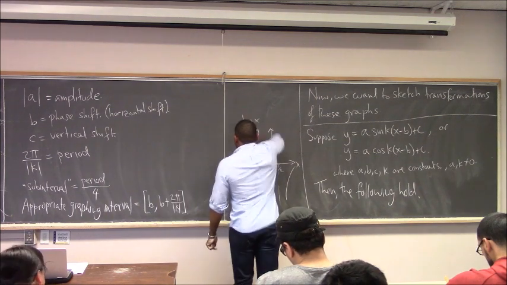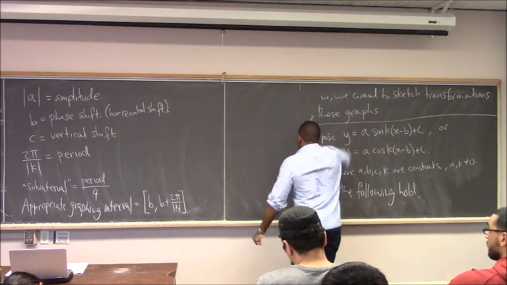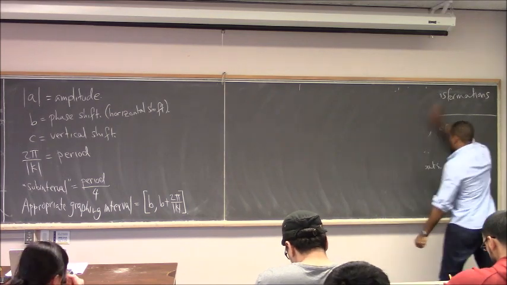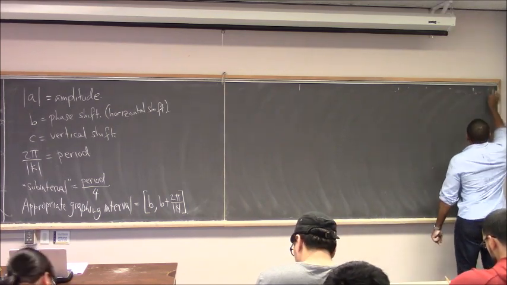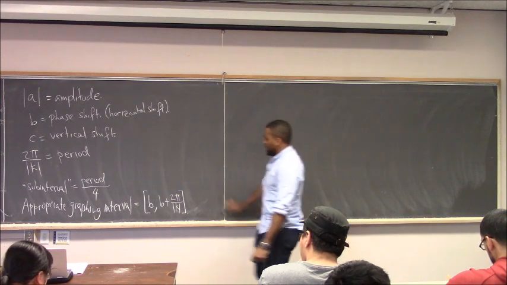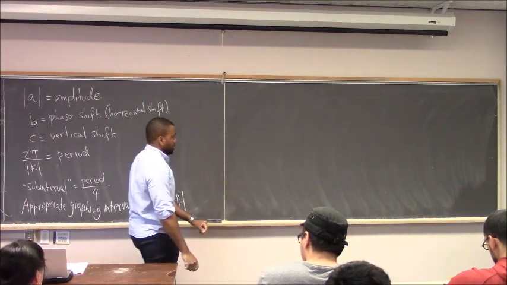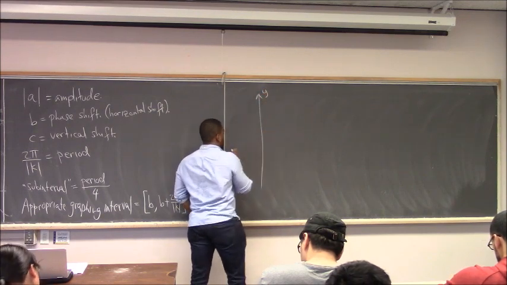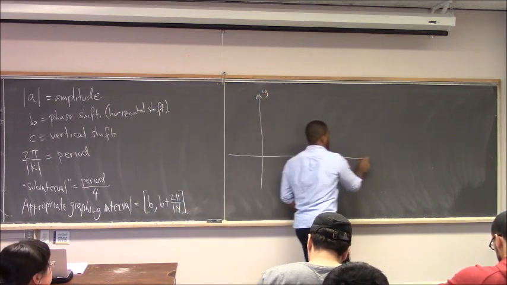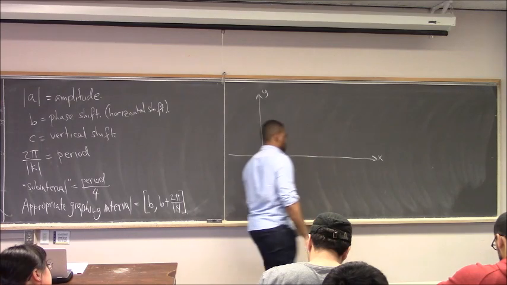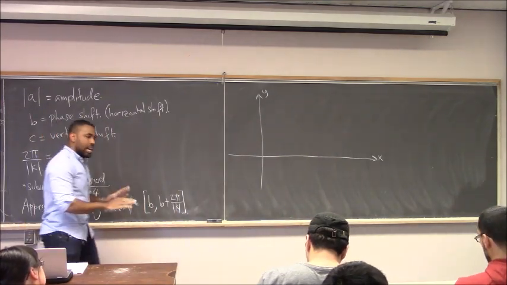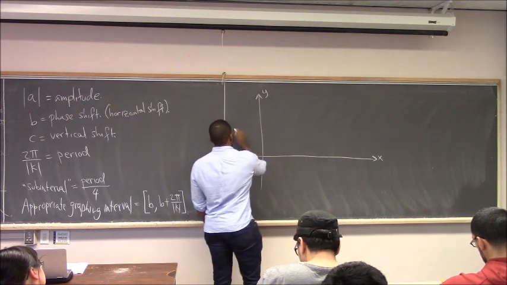Let me show you exactly what that means. I'm going to sketch it for you in a generic way, and then we'll do some specific examples. So here, let's say we are on the x, y axis. You want to think of your c as the baseline. That's the rest position.